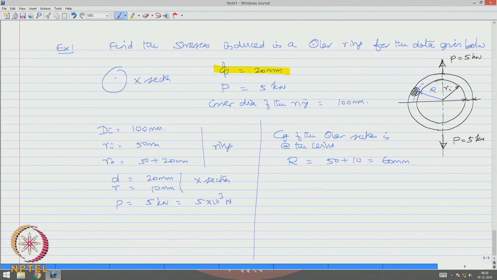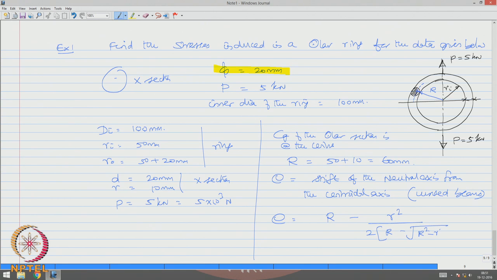We already know from the equation to calculate e, e is the eccentricity of the neutral axis from the centroidal axis, which we have explained very clearly in the lectures on curved beams, and e is given by R minus r squared over twice of R minus root of R square minus r square.